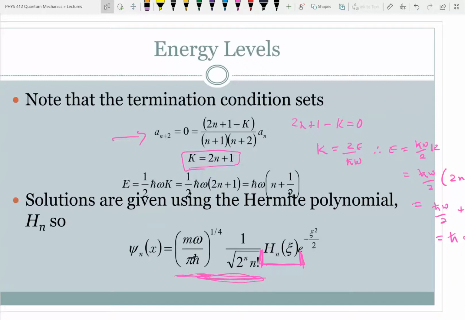Any questions? So K is just to make a relationship with energy, right? K was a substitution to make the Schrodinger equation look simpler.